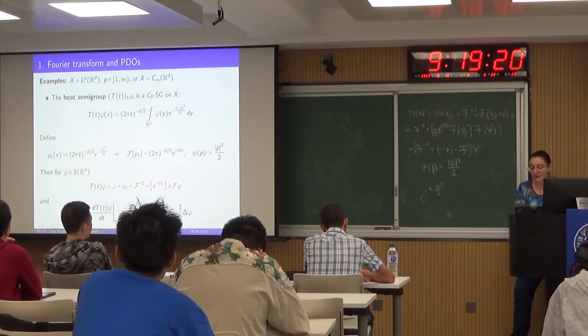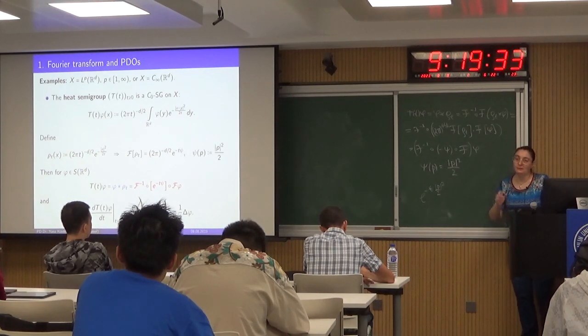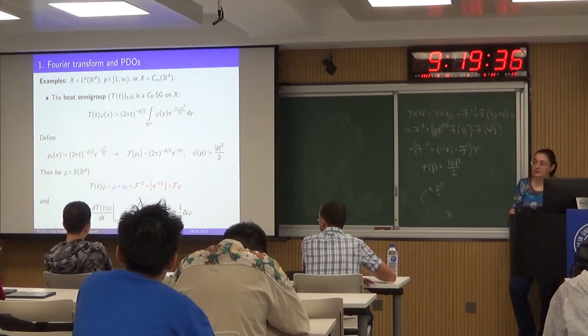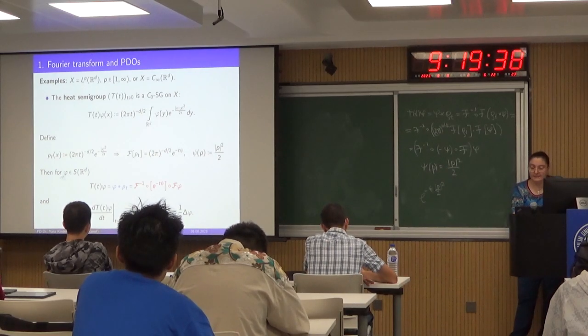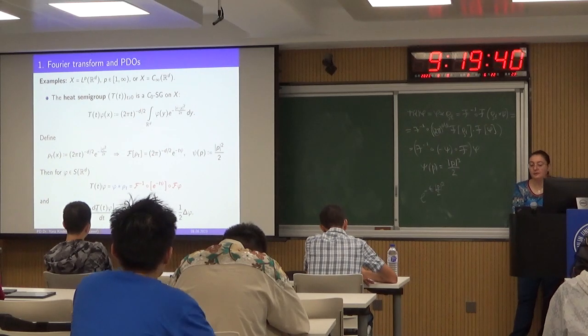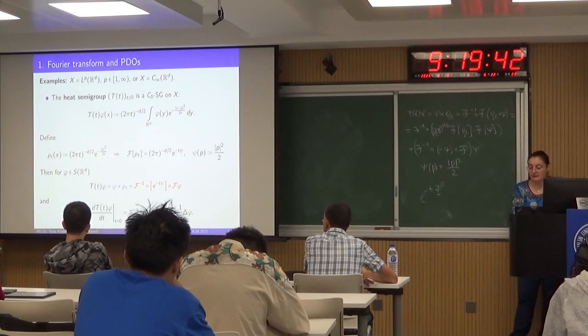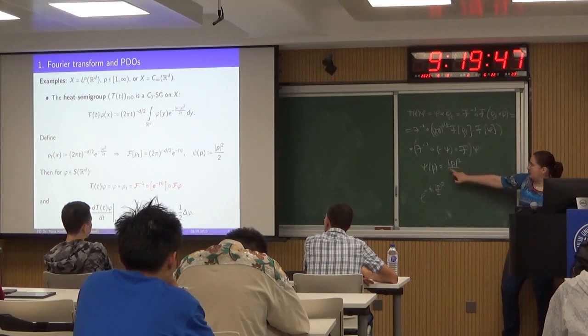So I have to calculate the derivative of this expression with respect to t at t equal to 0, and this is nothing else but minus psi. This is again a motivation, but one can show everything rigorously: for phi from the Schwartz space, the derivative exists and is given by this pseudo-differential operator with minus psi. Since psi has this form, this is nothing else but one half of the Laplacian.